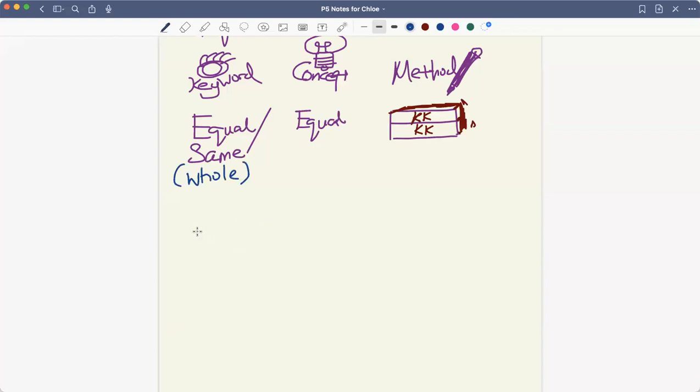Then we have equal before change. So technically they have same at first, or what they have is equal at first.